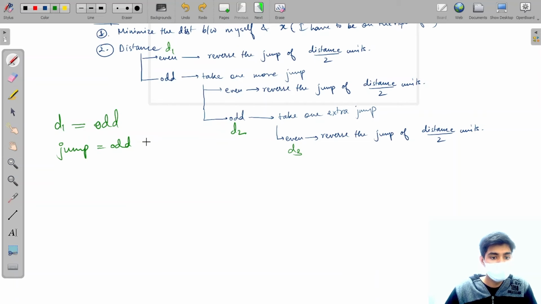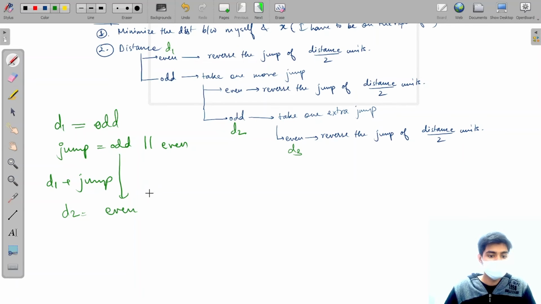There can be two cases. If it is odd, then d1 plus jump will give me my d2, and this d2 will be even in this case, because d1 is odd and my jump is odd, so it is going to give me a d2 of even. But if d1 is odd, this is the case for this now, right?